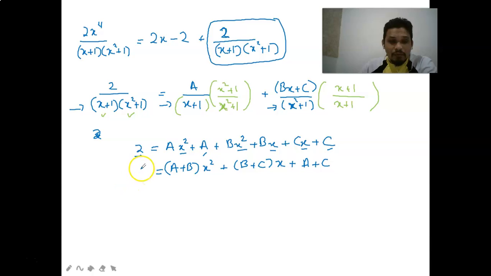It only has 2, but we have x squared and also x, which means that we are going to add 0x squared plus 0x plus 2. So we compare the coefficient of x squared, a plus b, with 0 here. A plus b equal to 0. B plus c also equal to 0. And a plus c equal to 2.